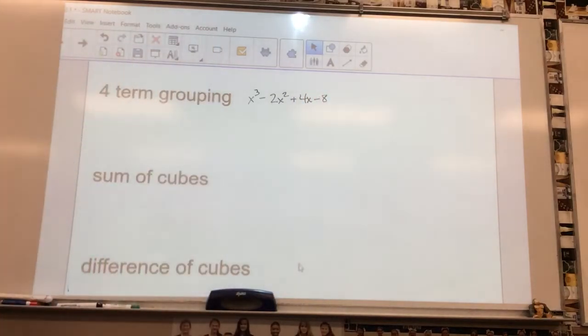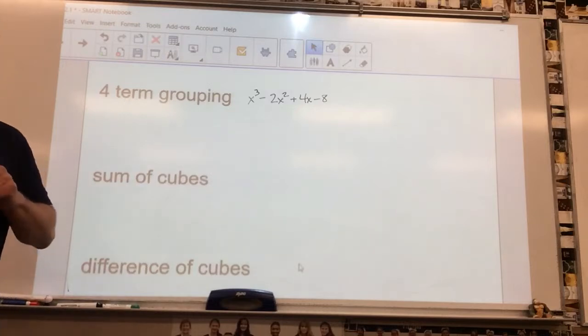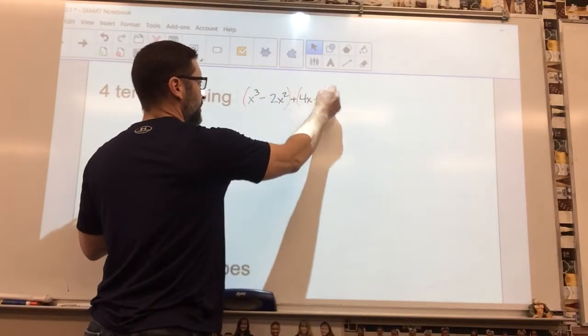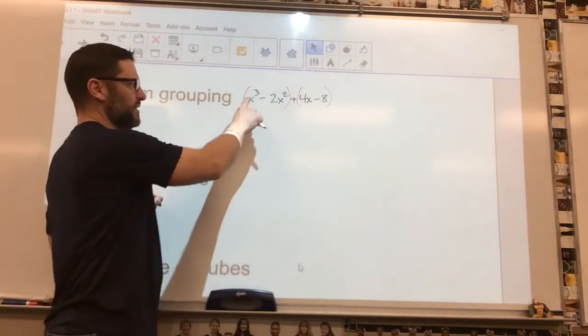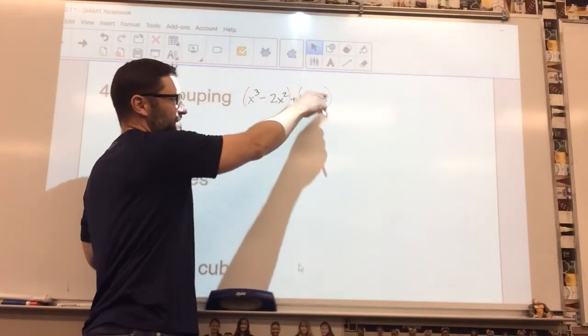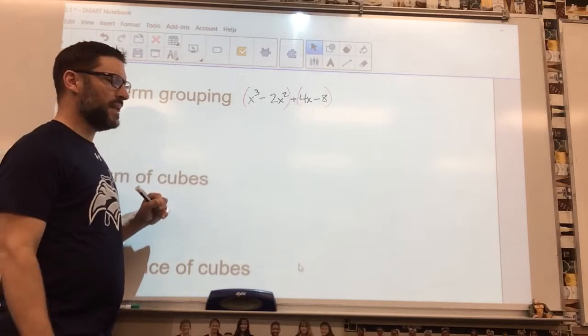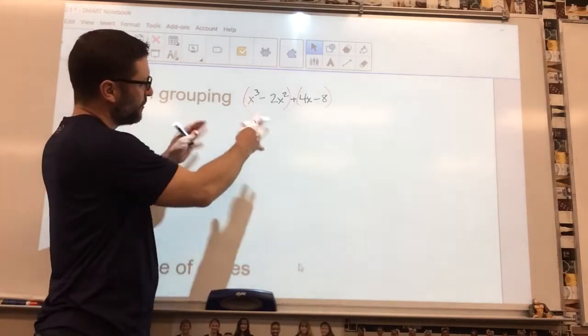And factor by grouping means I see 4 terms up there, and I'm going to take the first 2 and group them together, and take the last 2 and group them together. You really want it written in this form, like the exponents decrease by 1, or whatever it is. And then within each group, you try to look for things that'll come out.